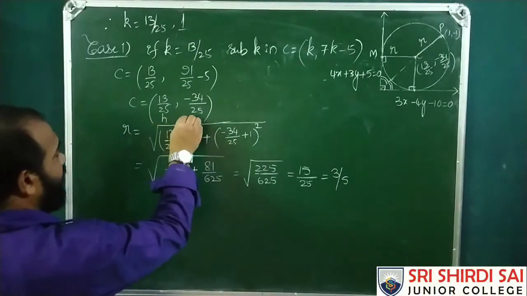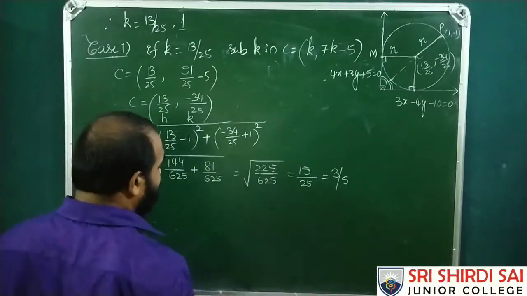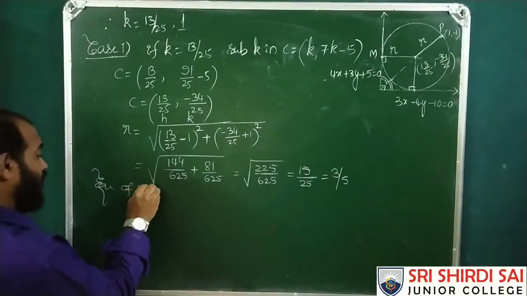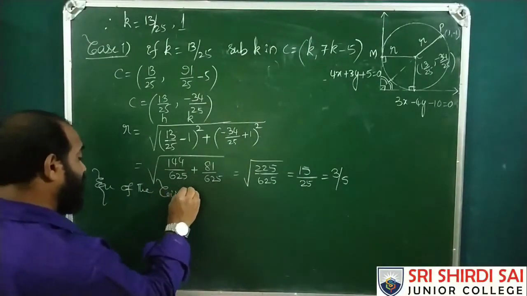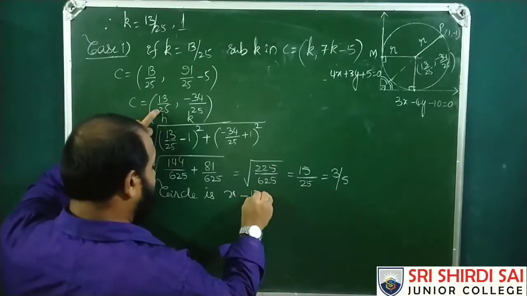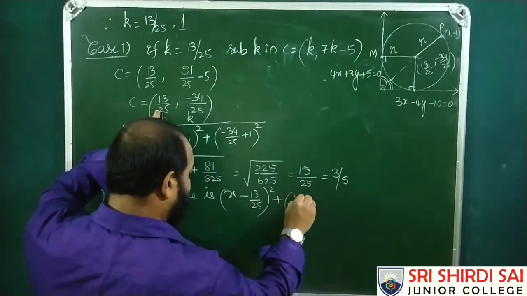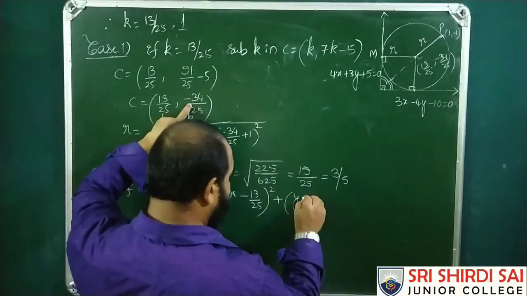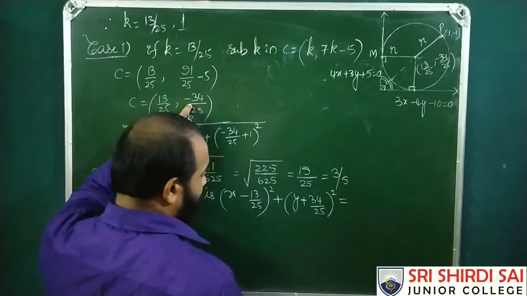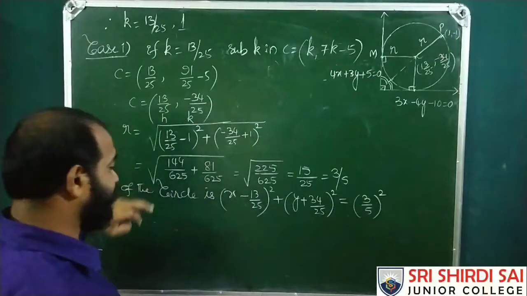If h comma k is the center of the circle and r is the radius, then what is the equation of the circle? Equation of the circle is x minus 13 by 25 whole square plus y minus of minus 34 by 25 whole square is equal to r square, 3 by 5 whole square.